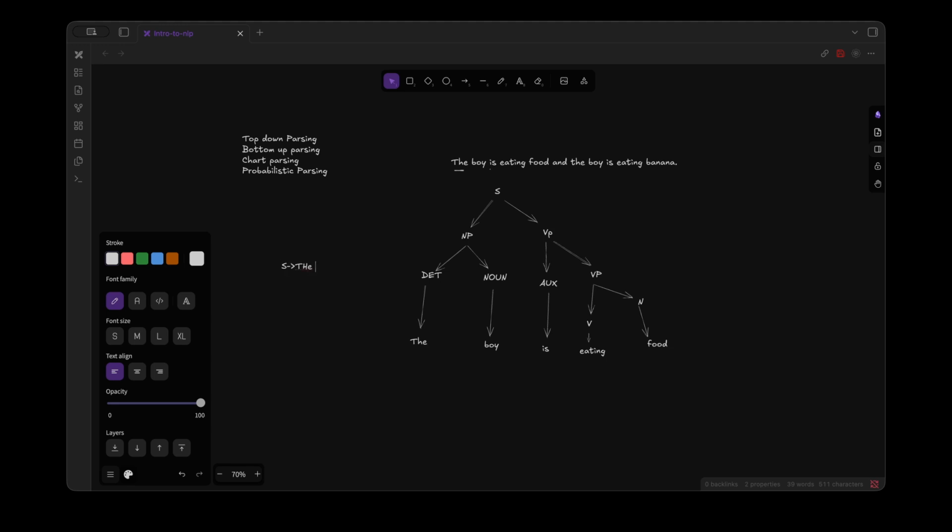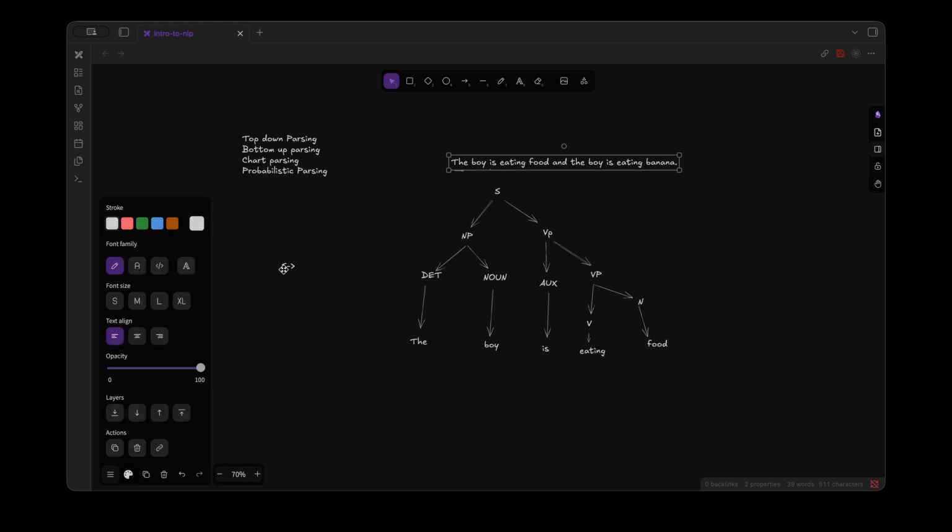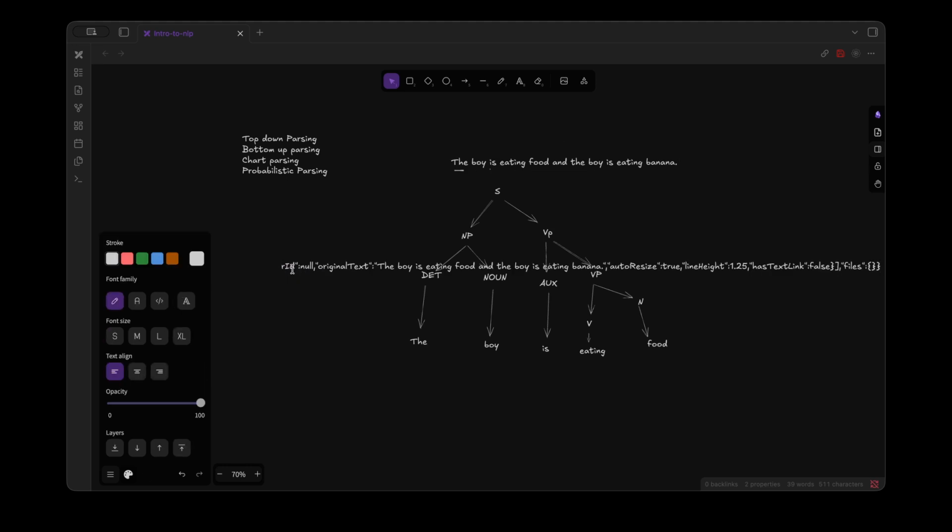So S is basically the whole thing: "the boy is eating food". NP is the "the boy" portion. Okay, VP is the "is eating" portion.